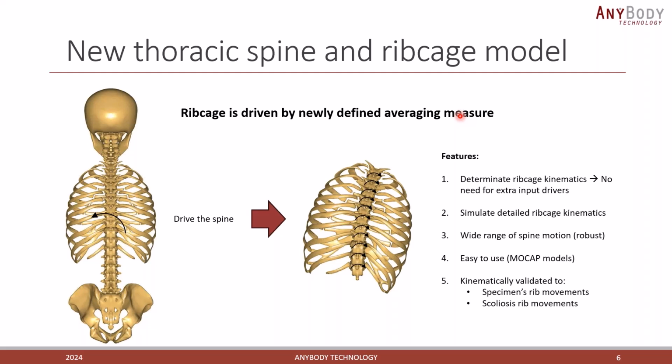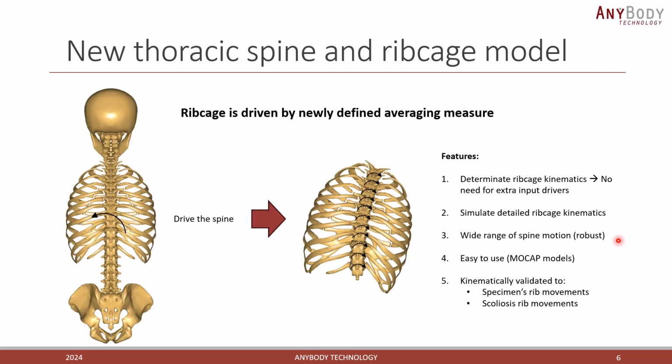The feature of the model is that the rib cage is kinematically determined. It means that there is no need for extra input drivers. When you drive the spine, the rib cage will follow the motion. So with this model, you can simulate detailed ribcage kinematics with a wide range of spine motion.